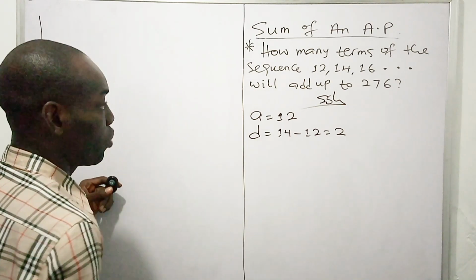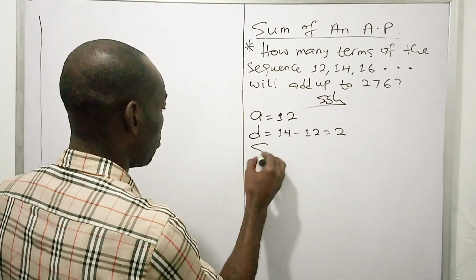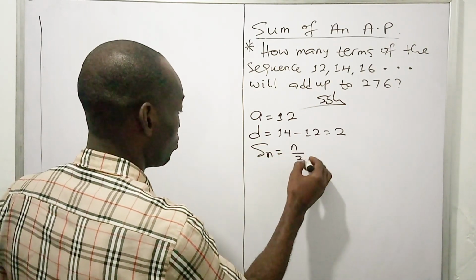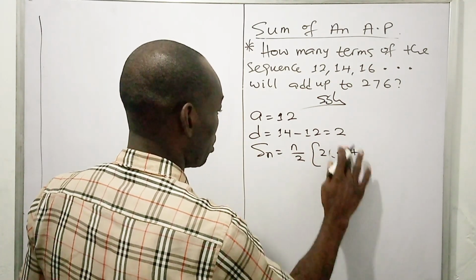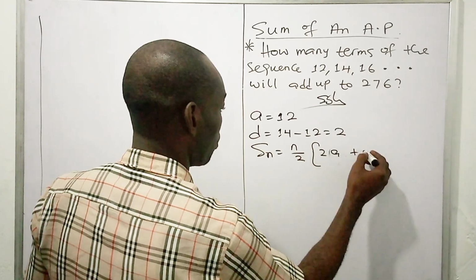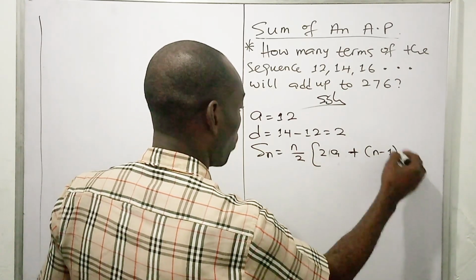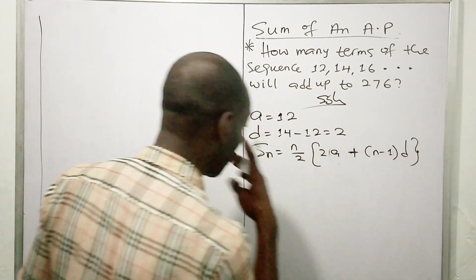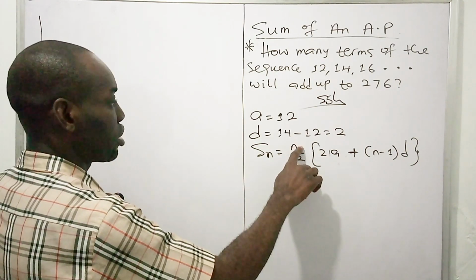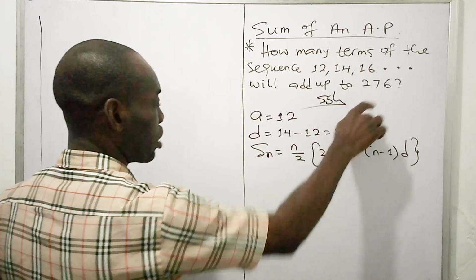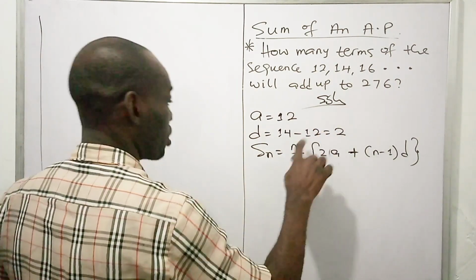Remember we have our formula as n over 2 in brackets 2A plus n minus 1 D. That's the formula for finding the sum of an AP. So we're looking for the value of n. What number of terms will amount to this? So it's n we're looking for.